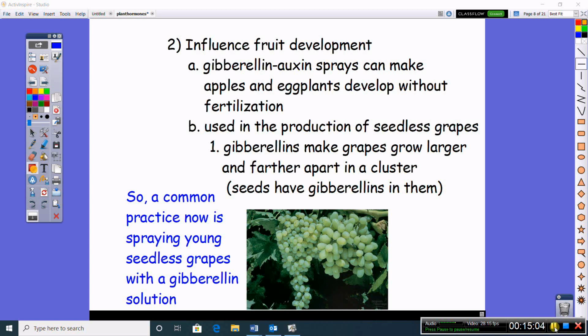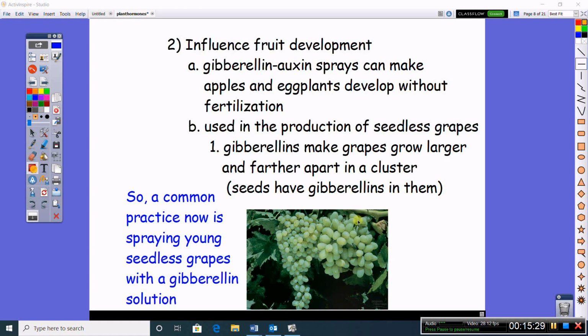Okay, so let's see why we care about this. Remember when we talked about the steps of seed germination? Okay, gibberellins were being produced in the seeds, and so that gibberellins, when present, will help things like grapes grow larger and farther apart in a cluster because seeds have gibberellins in them.